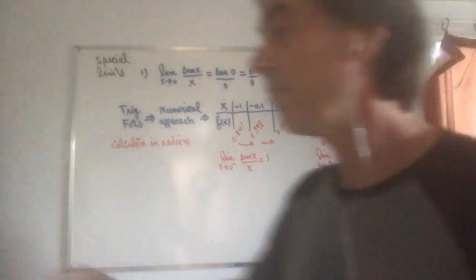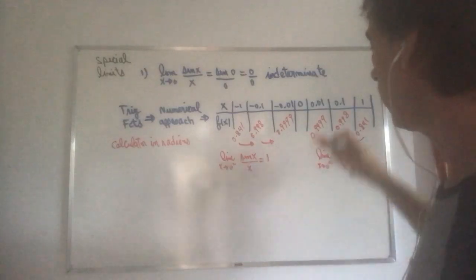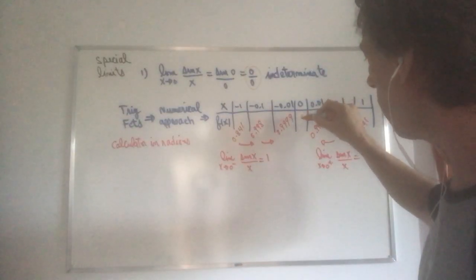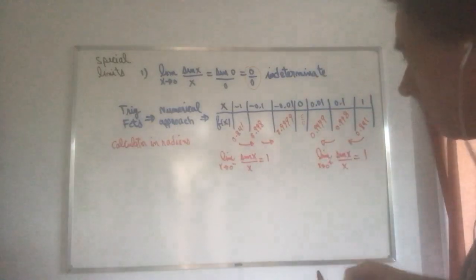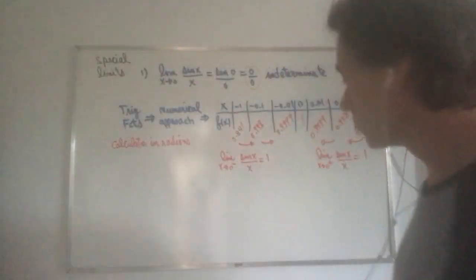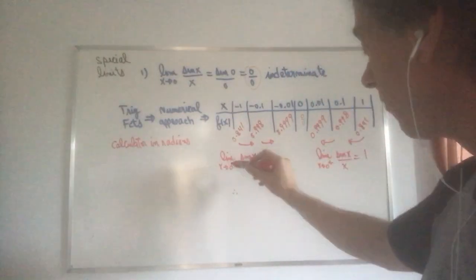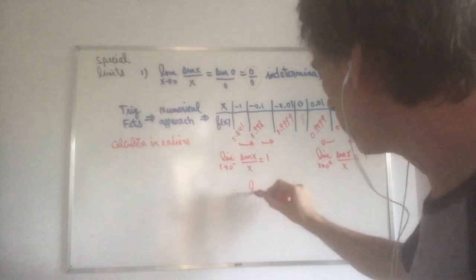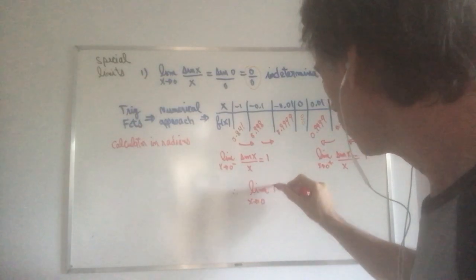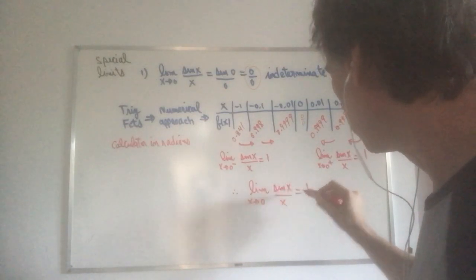Of course, if I just take a look at the middle value, 0, there's no value there because it is 0 over 0. If I want, I can put 0 over 0 here, but that is not a value that I can put into my calculator. So when all is said and done here, we'll remember that if the left limit is equal to the right limit, then we are allowed to conclude that the simple limit with no direction is equal to the value.